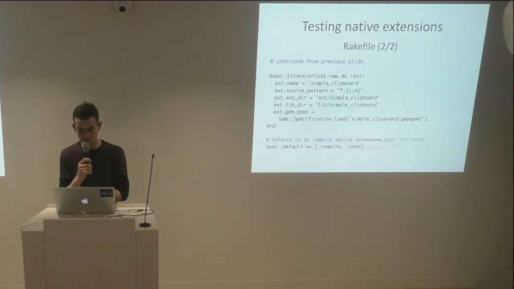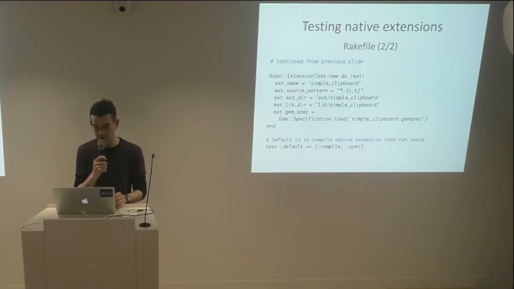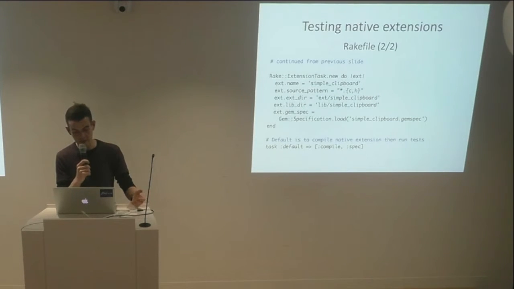And then I use this thing called extension task, which is able to take our native extension, compile it, and then install it in a local temp directory so that it's available to our test suite. And then finally, I define the default task to run those in sequence.